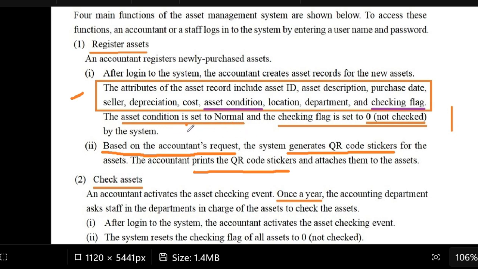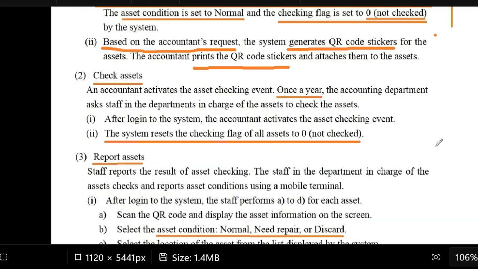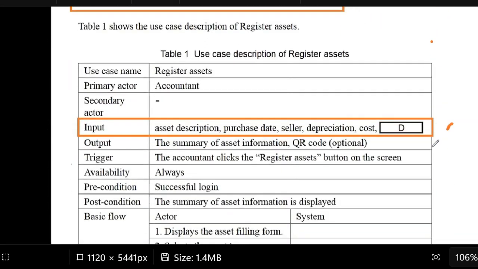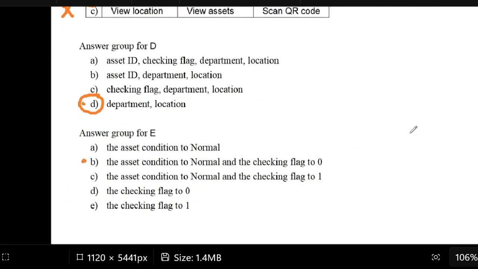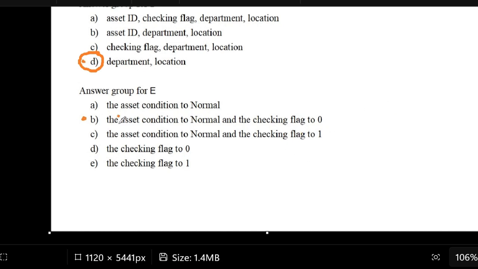And here we see that the synchronization is set to normal and the checking flag set to 0, which means it's not checked. We just need to look for the answer that says those things, and that would be letter B. Normal and checking flag to 0. Okay? Alright.